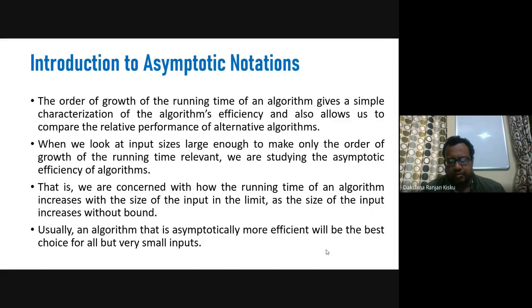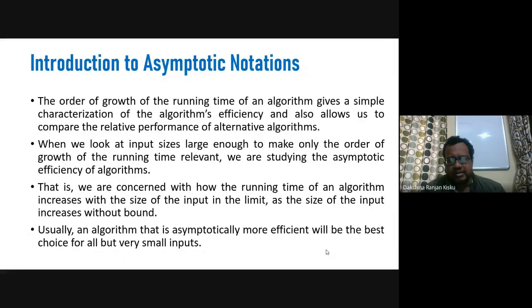we are basically interested in the asymptotic efficiency of the algorithms, and how asymptotic notations are useful to determine the efficiency of the algorithm. So we are concerned with how the running time of an algorithm increases with the size of the input in the limit.